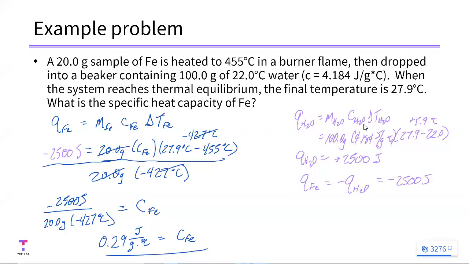And the heating and the cooling are happening at the same time because they're in the same vessel, which means the energy that's being moved is the same. It's just in opposite directions. One is absorbing it, the other is giving it away. But it's the same quantity of energy in both cases. All right, any questions with this?